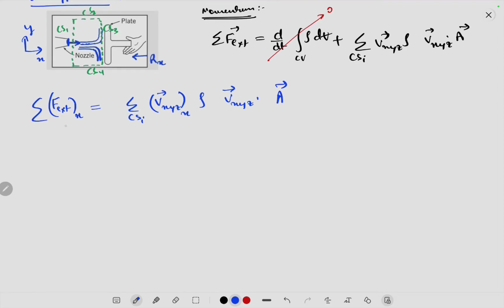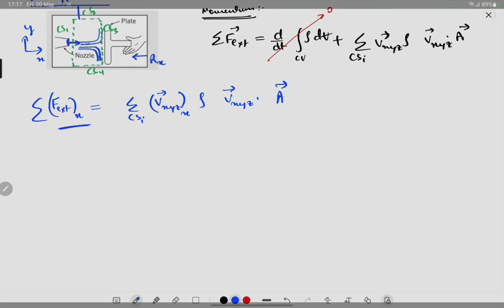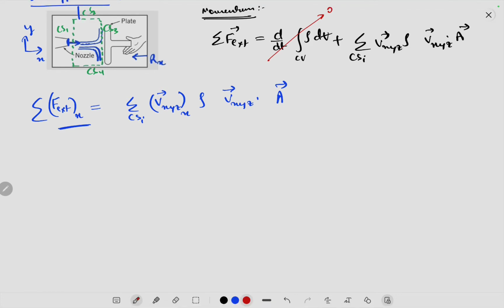Now what is the force along the x-axis on the control volume CV? Oh, and one thing I was incorrect about. Although the pressure force from this side and this side will get cancelled out, the pressure from this side on the control volume and from this side on the control volume will not get cancelled out. Can you see why?